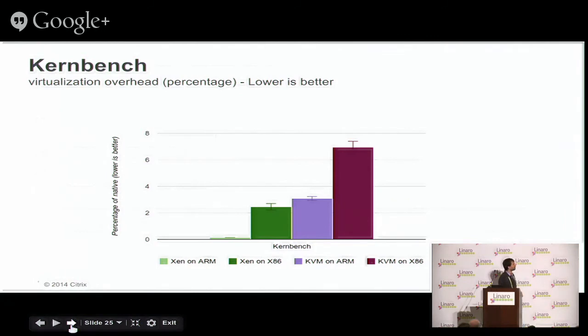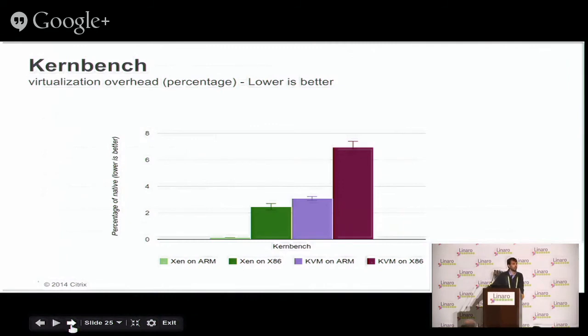As you can see, Xen on ARM has basically 0 overhead. Xen on x86 is about 2%. KVM on ARM is about 3%. KVM on x86 is about 7%. So Xen in general has a lower overhead than KVM, and Xen on ARM beats even Xen on x86, which is 10 years older.